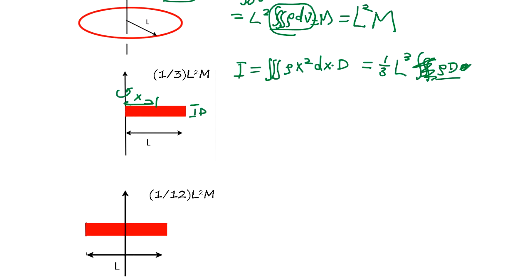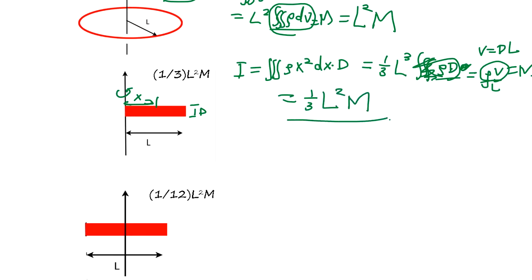The rho d, if the volume is d L, so rho d is going to be rho volume over L, and that's going to be m. So 1/3 L square m, right?